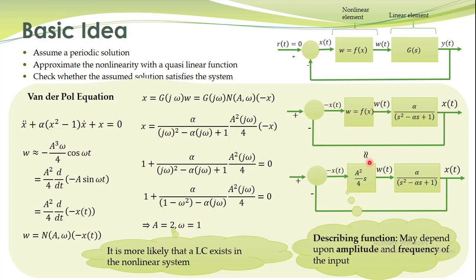You substitute the assumed solution, a sine omega t, into this system, and if the assumed solution satisfies that equation, it means that there exist periodic oscillations in the system. So we shall further discuss all these concepts in more detail in the next lectures.